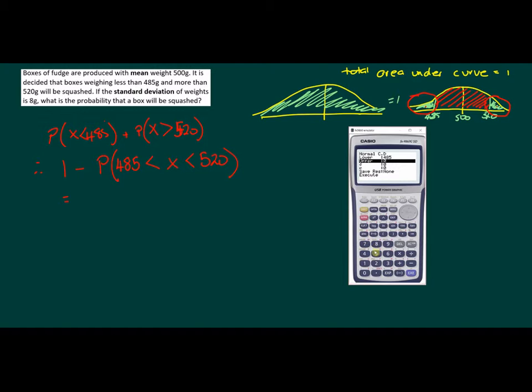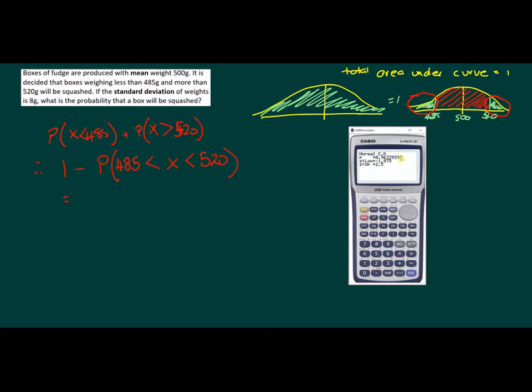And then our upper value is the upper end of our limit, that's 520. From the question, we know our standard deviation is 8 grams and that our mean is 500 grams. So we'll put that in.